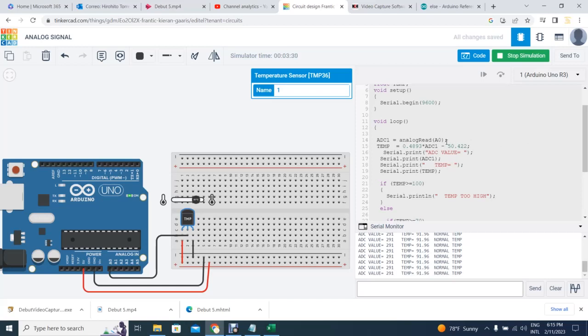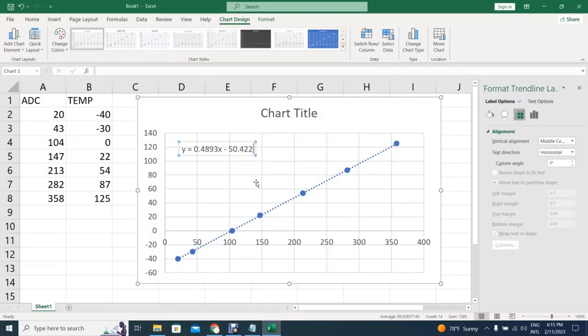Again, for a linear equation, you only need the slope and the intercept, and so forth. But again, this kind of sensor, the TMP, being linear, will produce this kind of line, and it's kind of easy to do the calibration and end up with an equation like this.